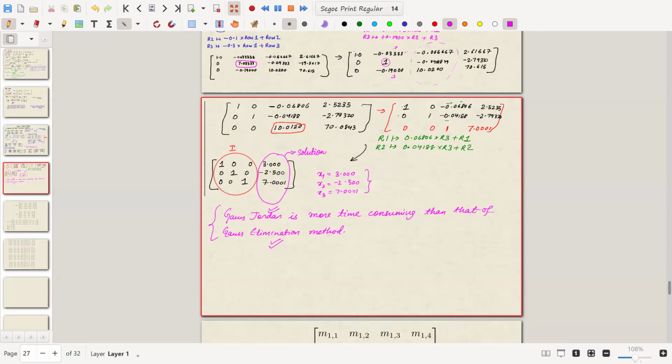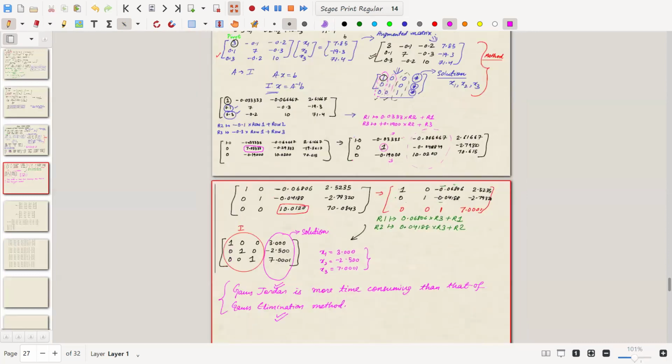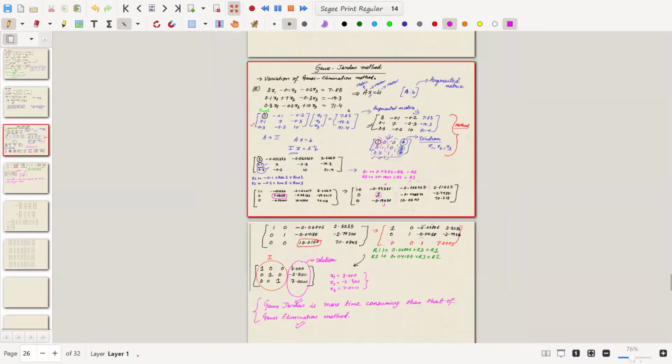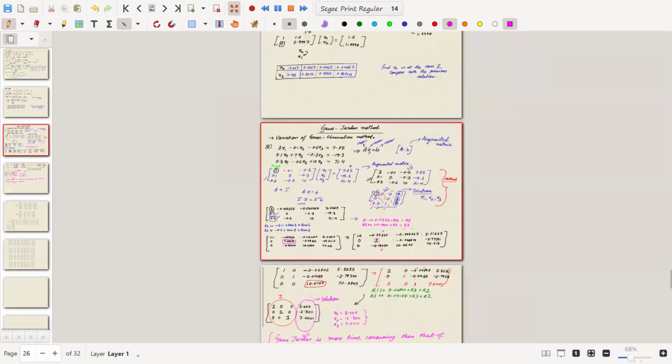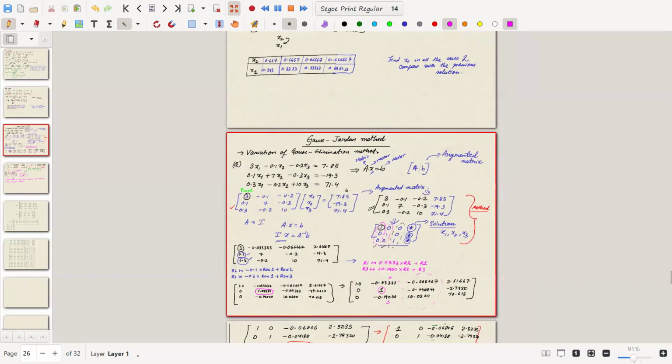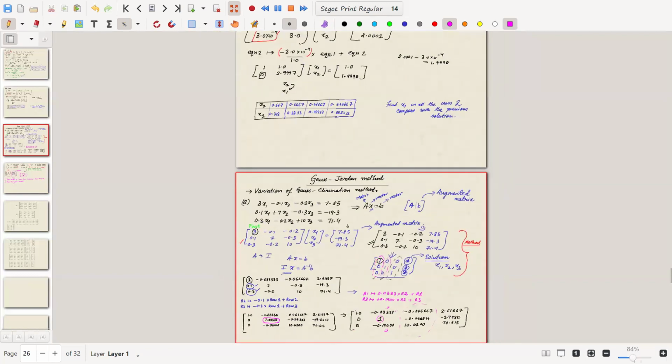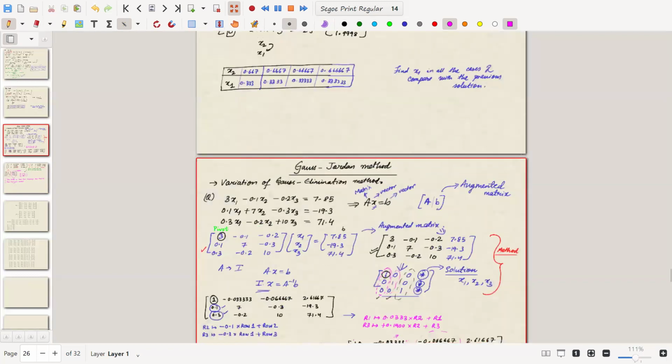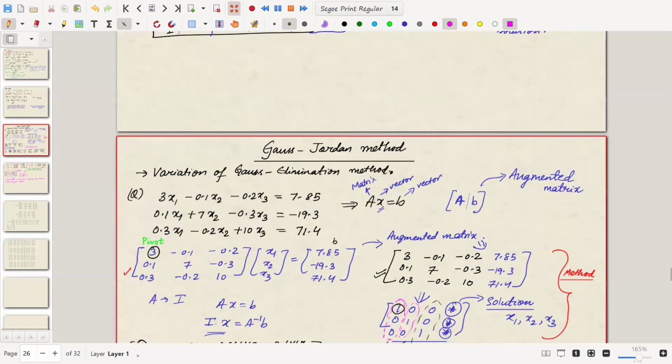Two popular direct methods. You can see these are a bit time consuming methods. Now think that this is pretty okay because you are doing 3 by 3 equations. But what if you consider a realistic scenario of optimization?